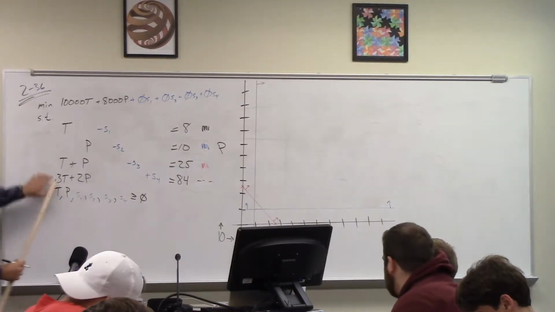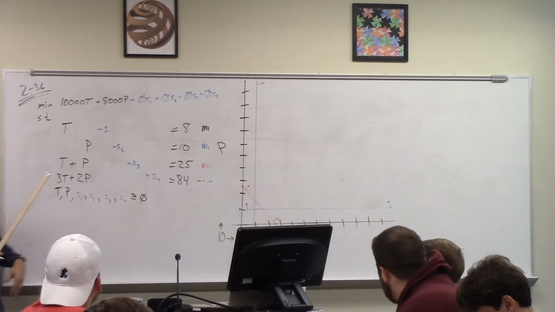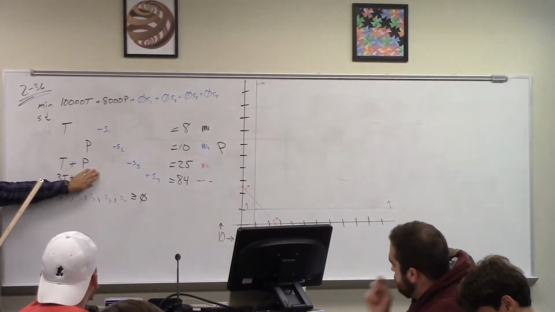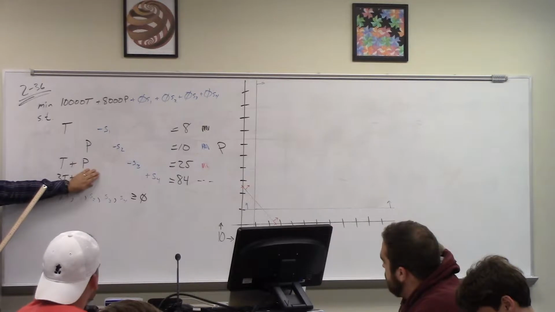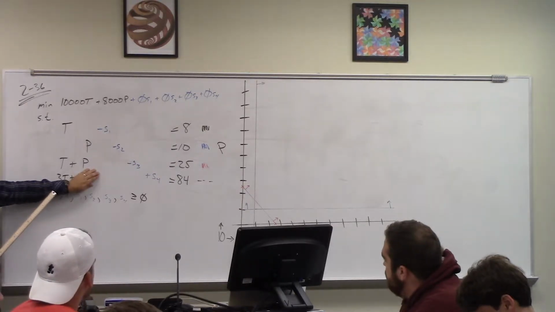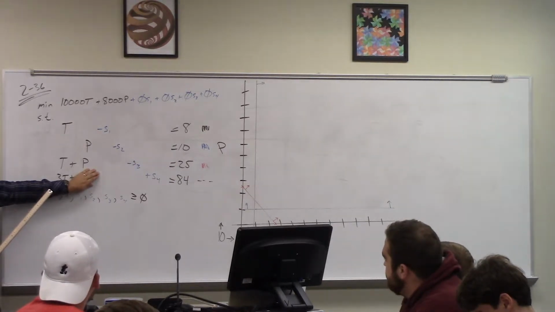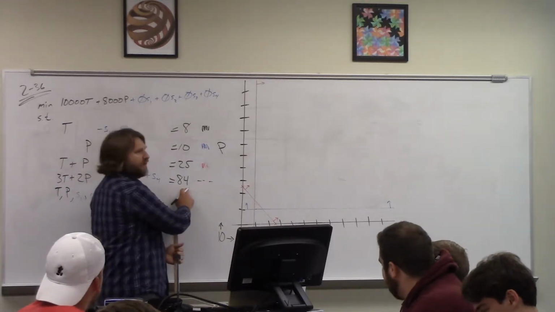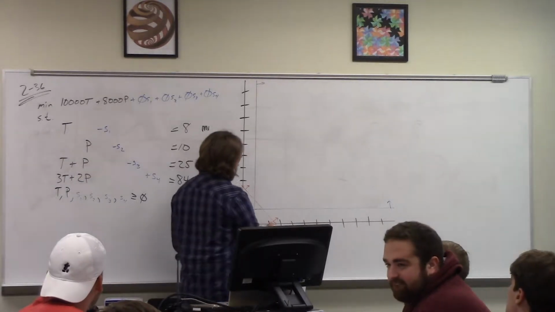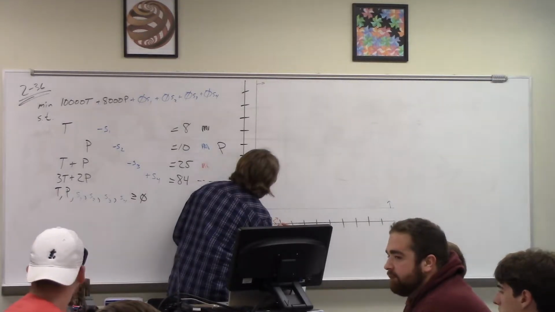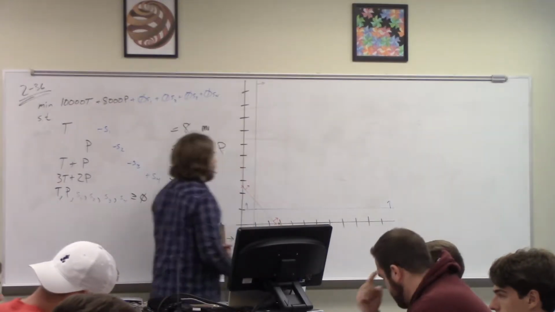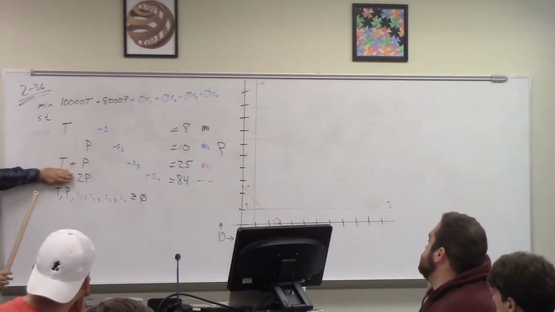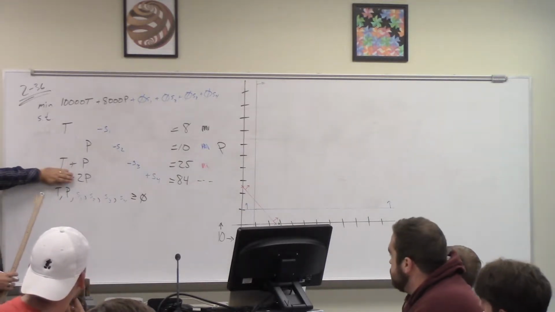Okay. 3T plus 2P is 84. So what happens if P is 0? What is T going to be? 84 thirds, which is 28. So that's right here. And if T is 0, P is going to be 42.